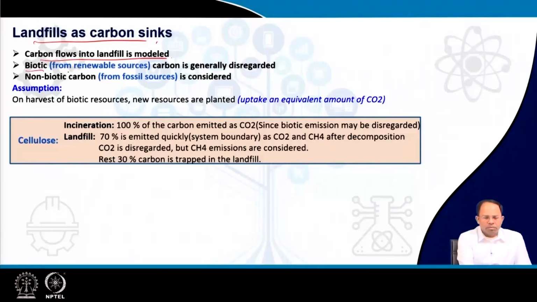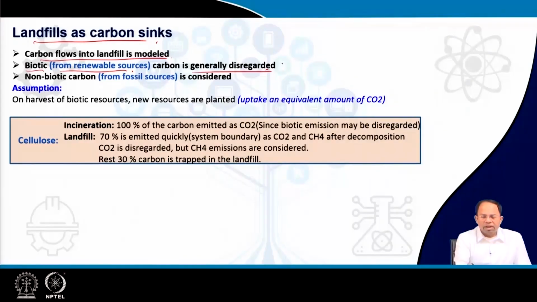Biotic carbon from renewable sources such as plants is usually not considered. Why? Because as soon as I plant another tree, it will take carbon from the environment and grow again. So even though I am putting it in the landfill site, it is not considered, because we are again taking that carbon from the atmosphere.